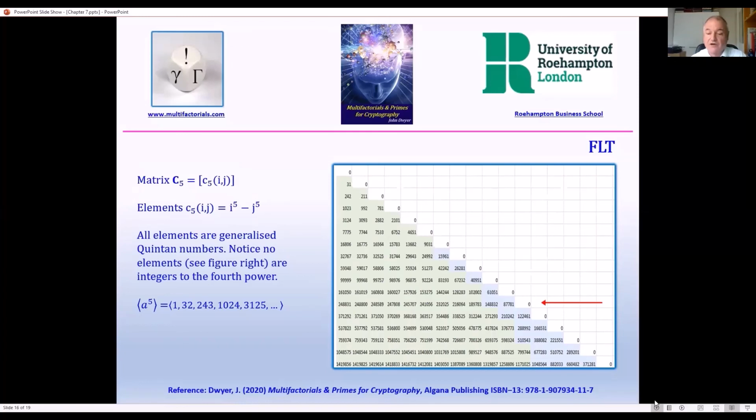Neither of them can be integers to the power 5. Then as we proceed through the green numbers along that row, we end up with 248831, add 1 to that. That gives us the next integer to the power 5. Notice in these matrices, none of the elements, which are differences of powers of n, can possibly be themselves integers to the power n.